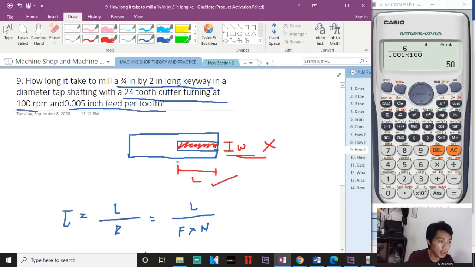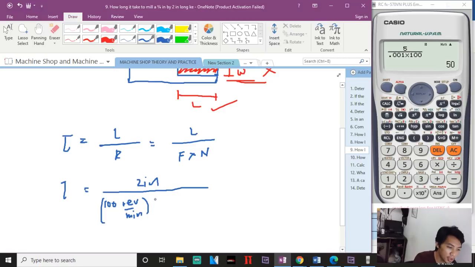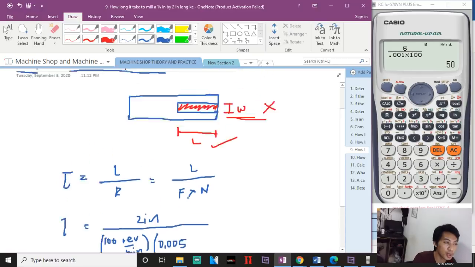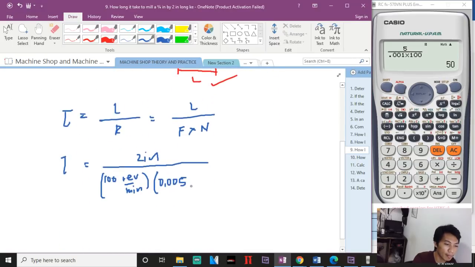Then you have a feed rate of 0.005 inch per tooth. Then you have the number of teeth, 24 teeth, which should cancel.